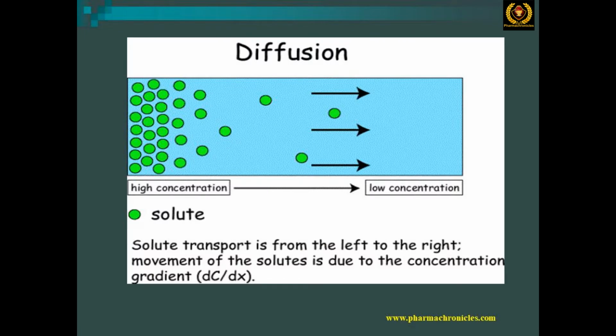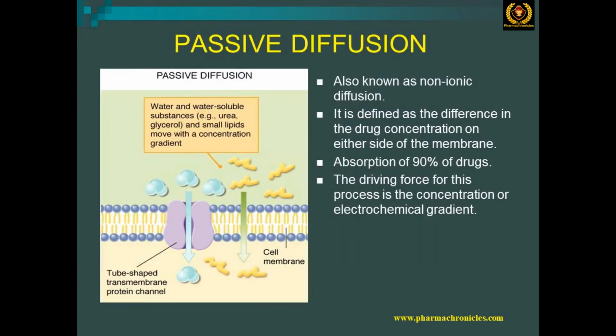Definition. Passive diffusion, also known as non-ionic diffusion, is defined as movement driven by the difference in drug concentration on either side of the membrane. It accounts for absorption of 90% of drugs. The driving force for this process is the concentration or electrochemical gradient.